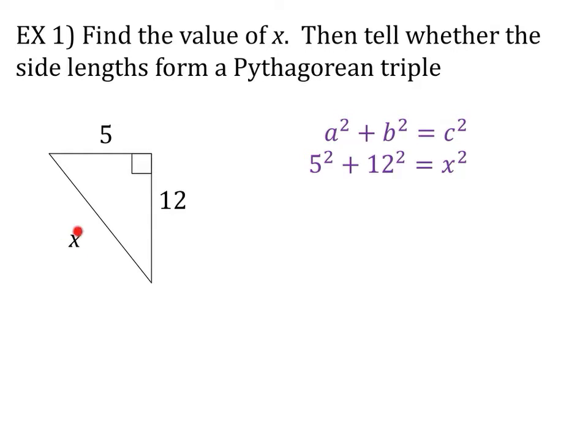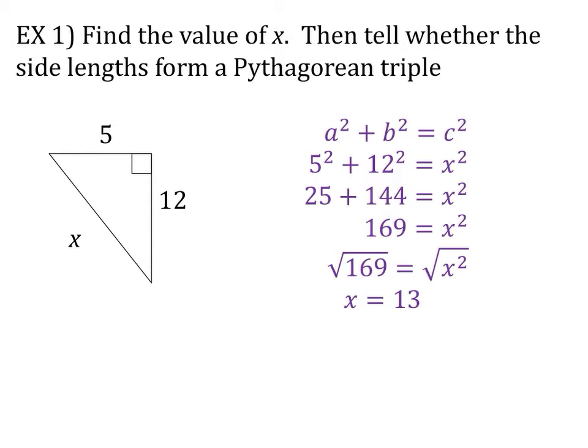And then our unknown c value, the hypotenuse is always c, is labeled x, so we can substitute x squared. Then square your values, so you get 25 and 144 equals x squared. Combine like terms, get 169. So next you want to square root both sides. To undo x squared, you have to square root it.